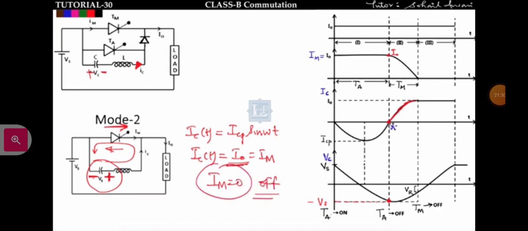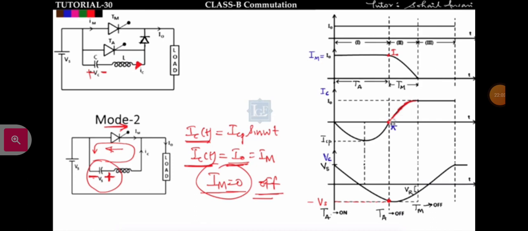After pi, the capacitor current will increase sinusoidally as the main current decreases, because the capacitor current is flowing opposite to the main current. So it will decrease the overall current flowing in thyristor Tm, the main thyristor. The moment IC of t is equal to I naught, or Im, at that time the thyristor Tm will be off because the anode current at that time will be 0.